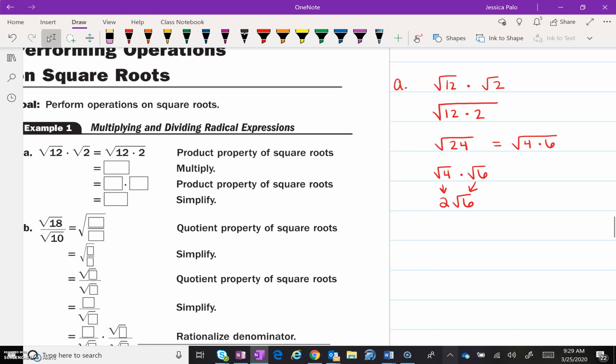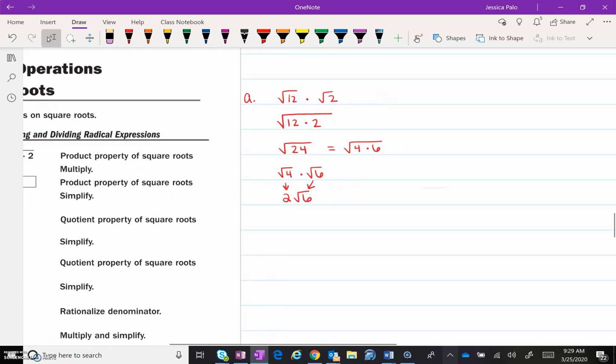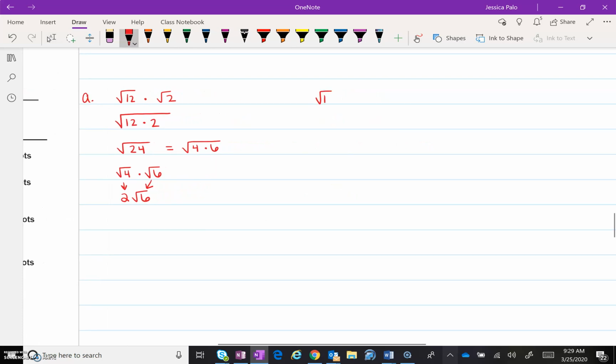Now there are other ways to look at this as well. We could have taken these two things separately. Radical 12 times radical 2, and we could have simplified radical 12, which would be 3 times 4, so that would be radical 3 times radical 4, which would give you radical 3 times 2, which would give us 2 times radical 3, and then we would bring down this radical 2.